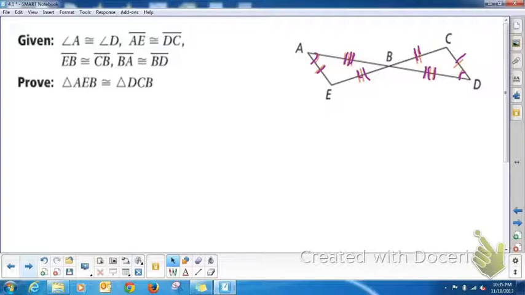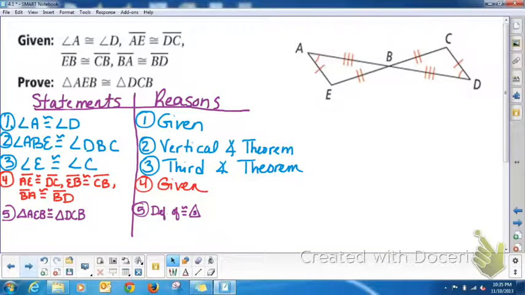Give you a hint. There's a couple of steps that you need. And you should always recognize this special pair of angles in any proof. Take a minute and write your proof. Pause the video and see if what you have matches what I have. Let's see how you did.